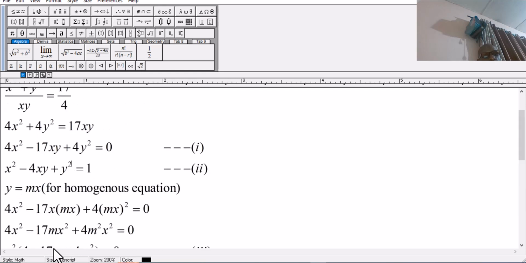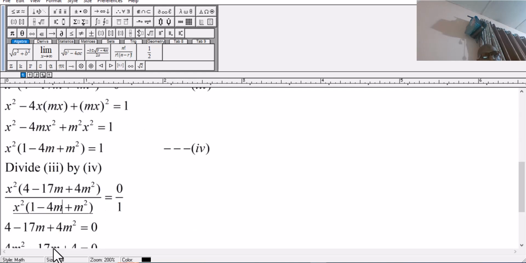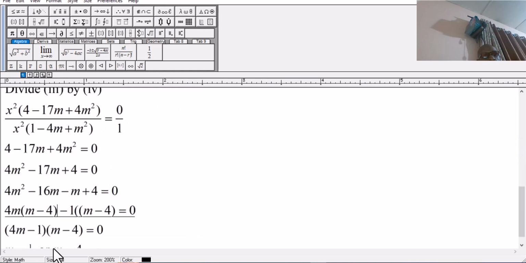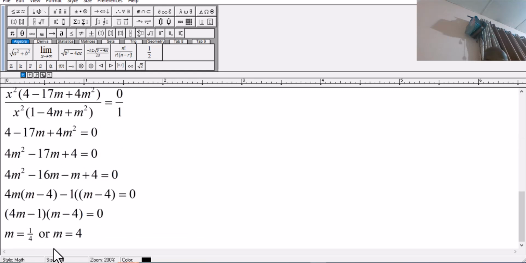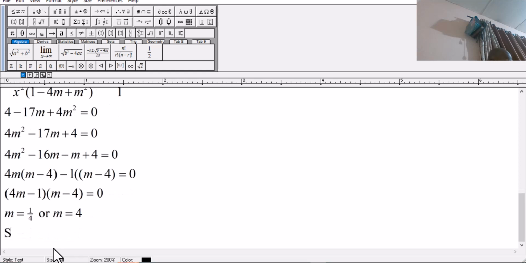So what we can do now, we can substitute 1 over 4 for m in equation 3.